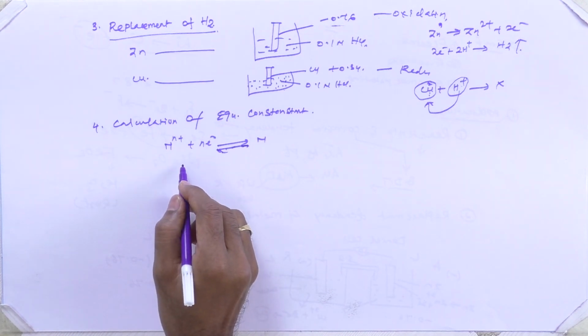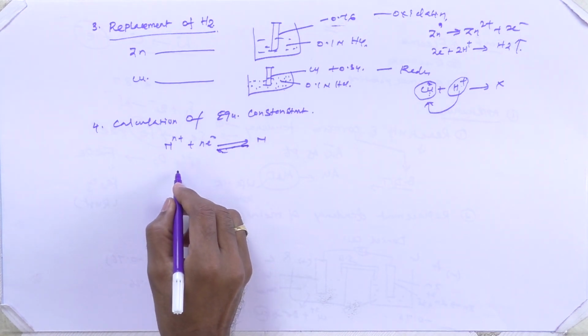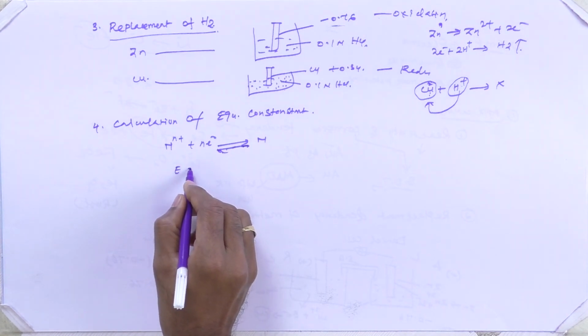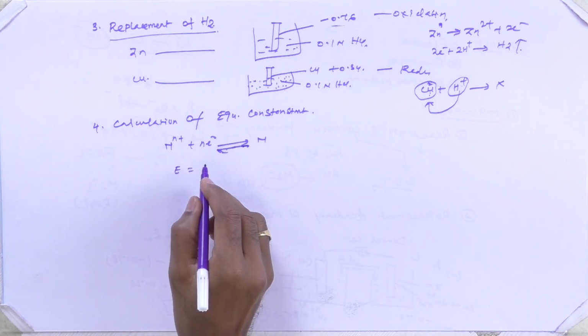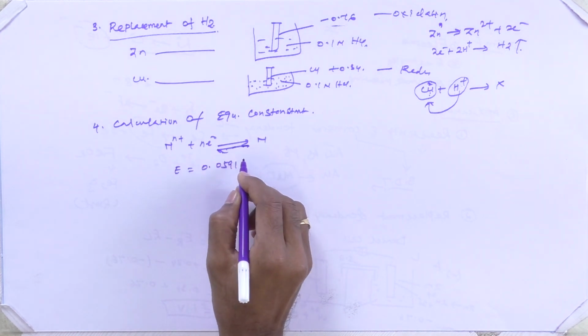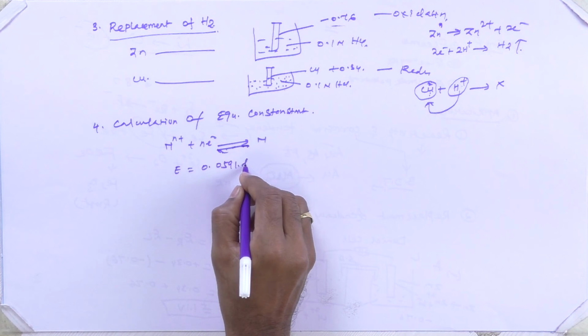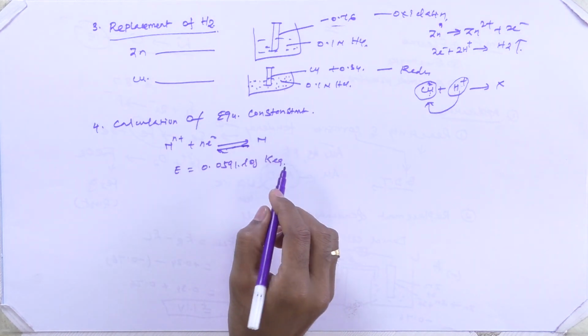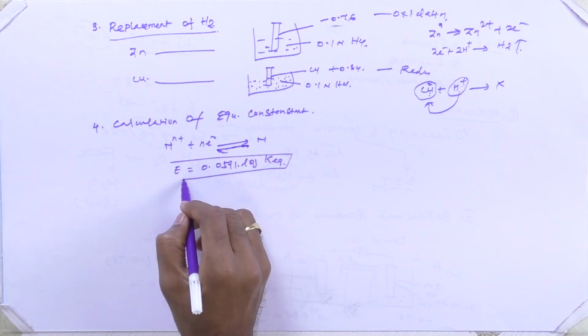Now the equilibrium constant for the redox reaction can be calculated by the following equation, that is E, the electrode potential value of the particular metal, is equal to 0.0591 into log of the equilibrium constant K. So based on the equations, we can easily calculate it.